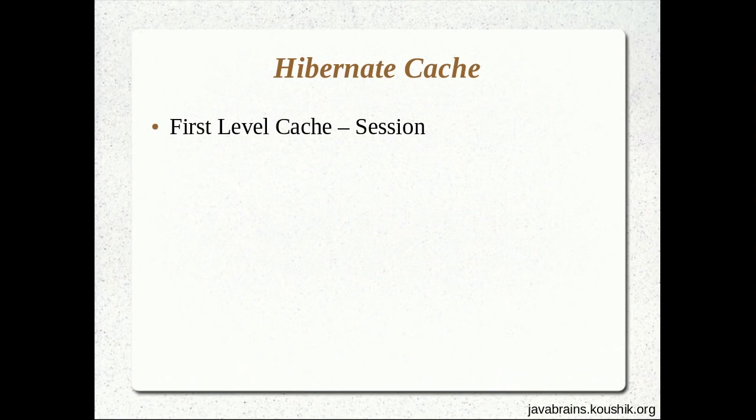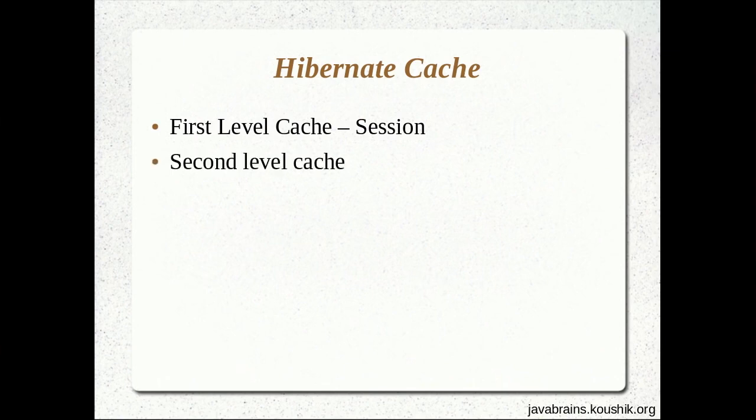So whatever caching happens in the session will not be there for a long time. If you're accessing data that you had accessed in an earlier session, you would have to query the database if the session is already closed. So you would want another level of cache that goes beyond sessions. So we can implement the second level of cache, and that's what we're going to talk about in these tutorials.